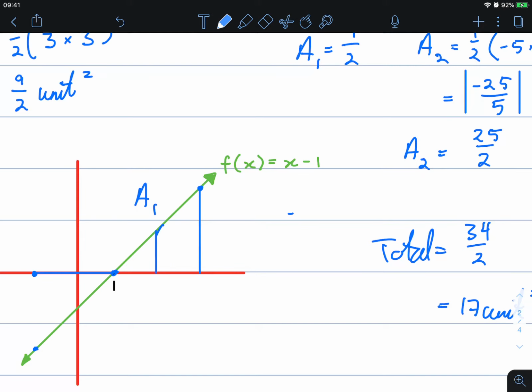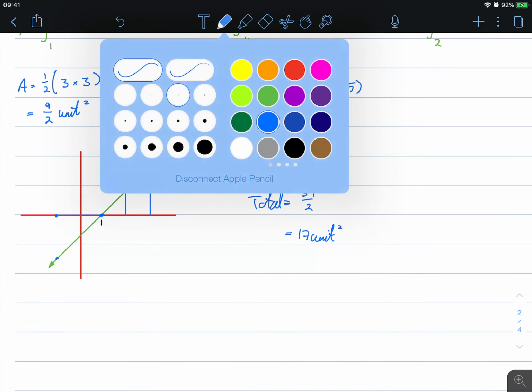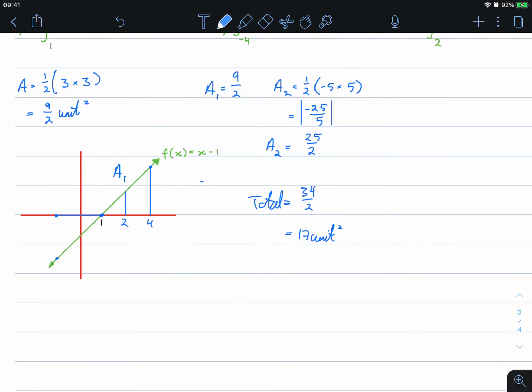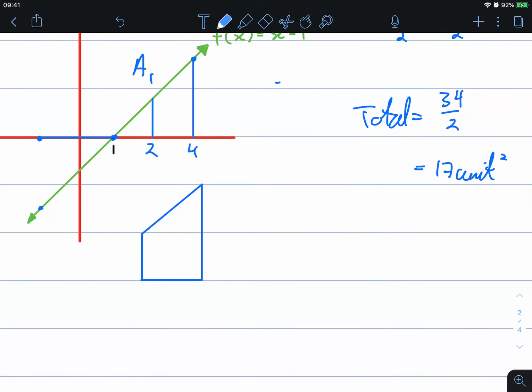Can you see what sort of shape it is? Well, I hope you can see that it's actually a trapezium that looks kind of like this, where this width here is from 2 until 4.